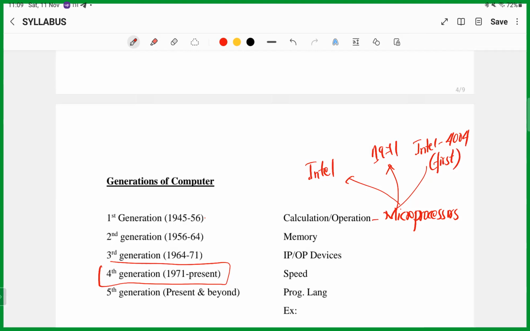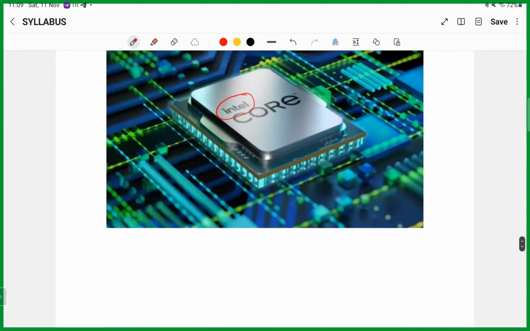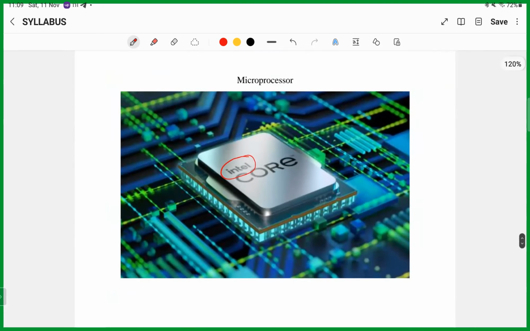Its capacity was that it was able to give 4-bit information at that point of time. Just know this about the microprocessor. 1971, Intel 4004 is the first microprocessor. Look at this. It looks like this.